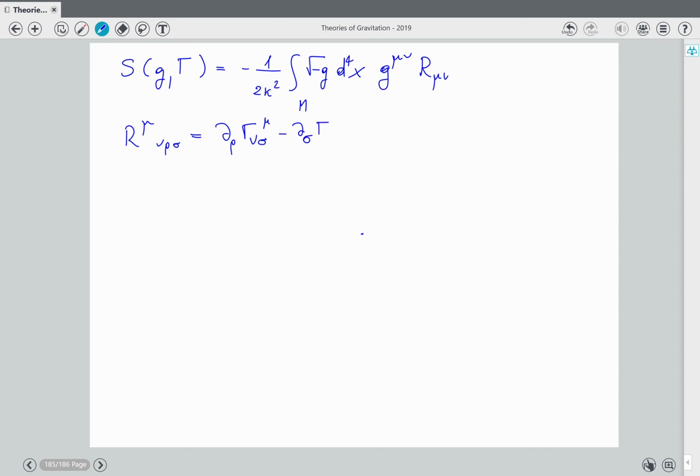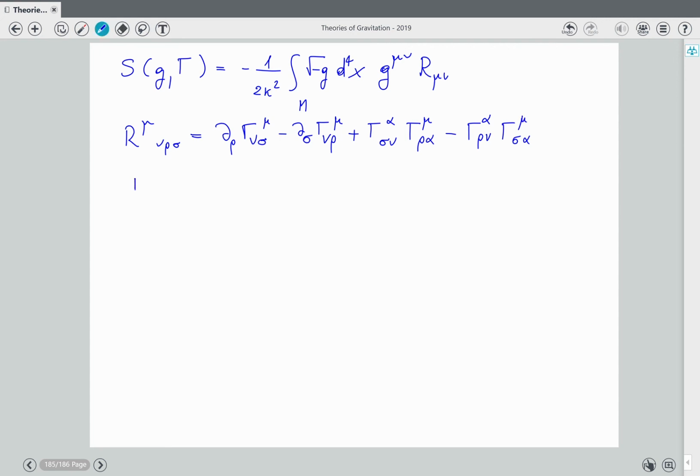Partial sigma gamma nu rho mu plus gamma alpha rho alpha gamma sigma nu minus gamma rho nu alpha gamma sigma alpha mu.